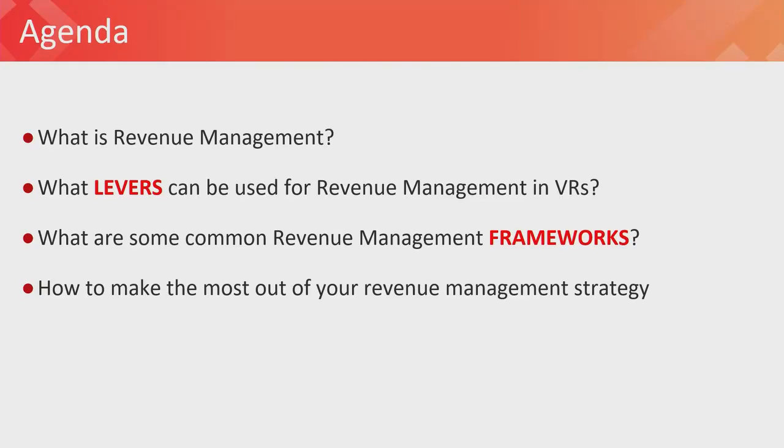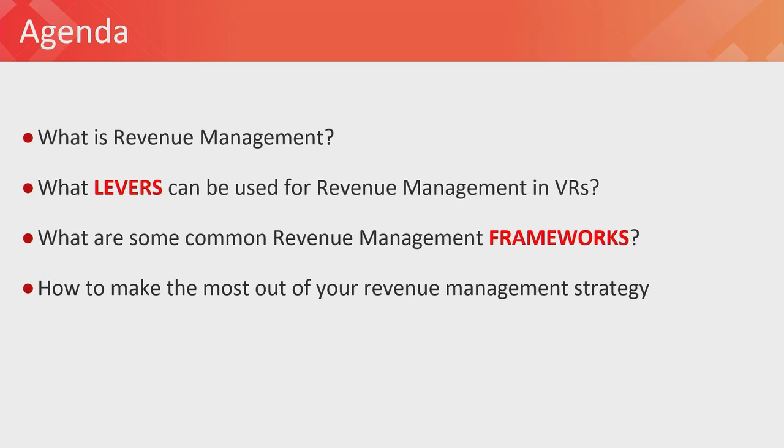What we are going to do is start off pretty simple and then make it as complicated as possible as we go around, so that by the time happy hour comes, you need a drink. But no, what we'll do is first go into a simple definition of revenue management, and I would say it's slightly different from what we might have heard so far. Then we want to go into what levers you have. So price is one lever, but there are plenty of other things that you can change around to maximize your revenue.